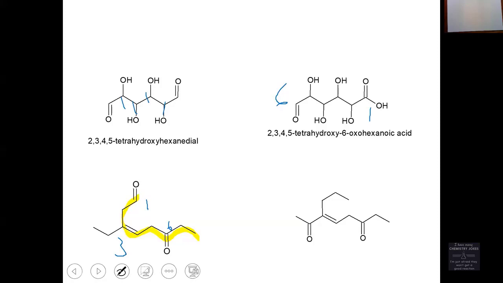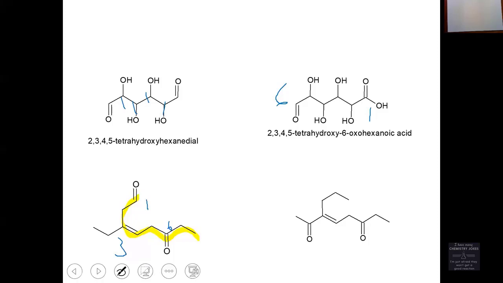So it's a 3-octenal or an oct-3-enal. It's a 3-ethyl, and then you have to name the ketone 6-oxo. 3-ethyl, 6-oxo, 3-octenal.